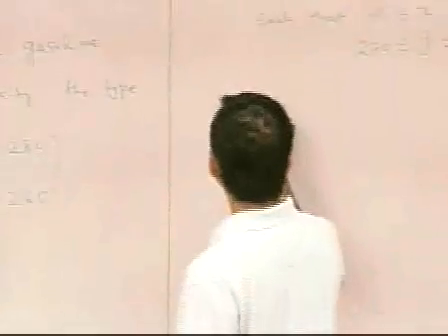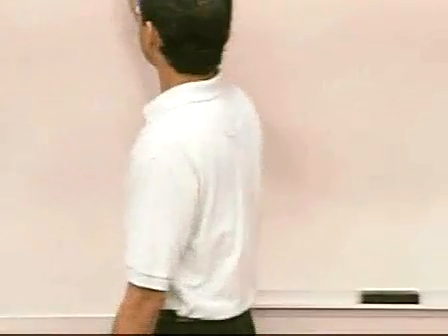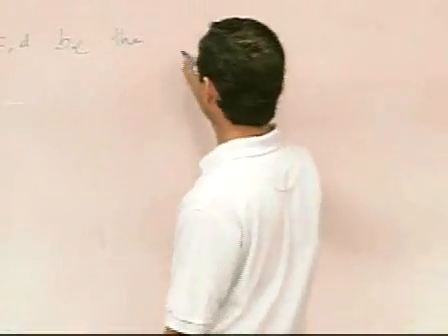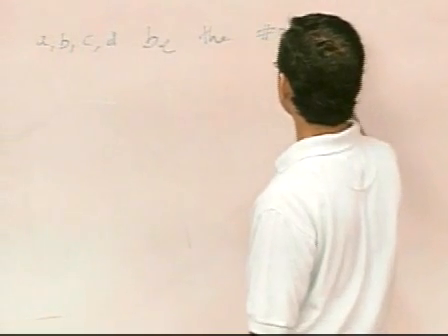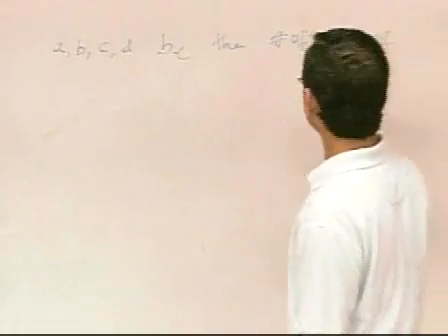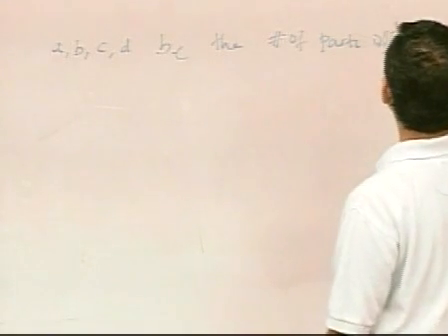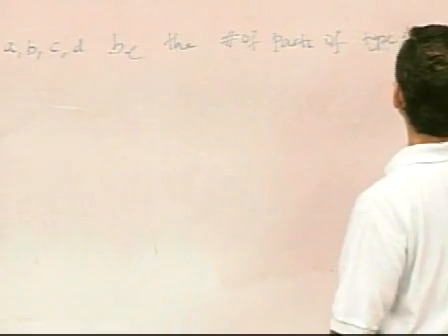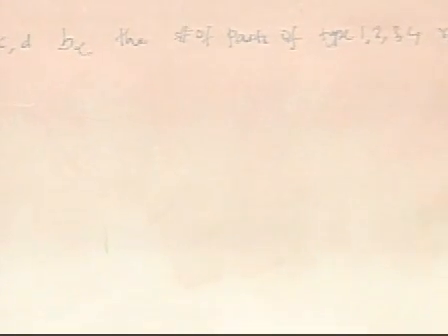So let A, B, C, D be the number of parts of 1, 2, 3, 4, respectively. I'm being very sloppy in my writing, but you know what I mean.